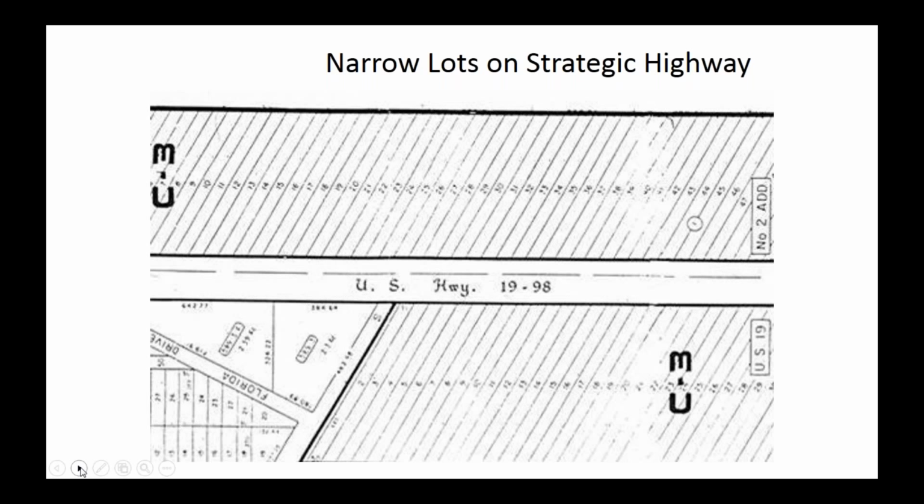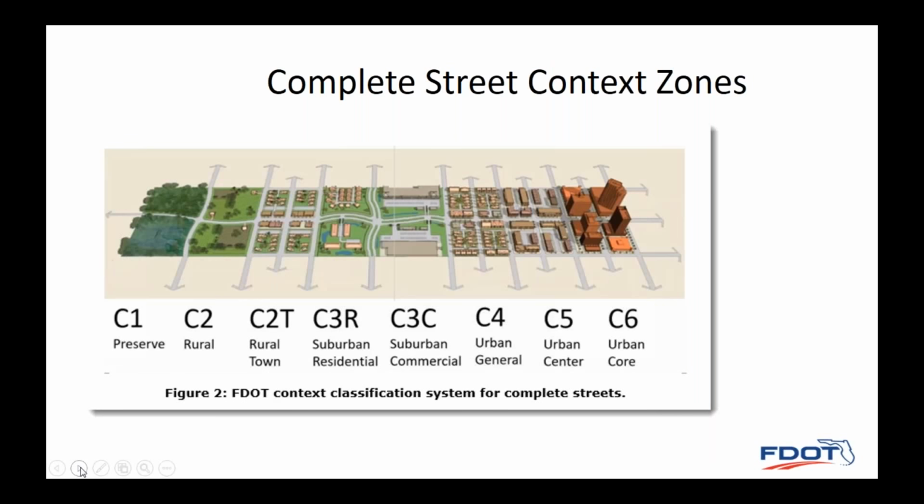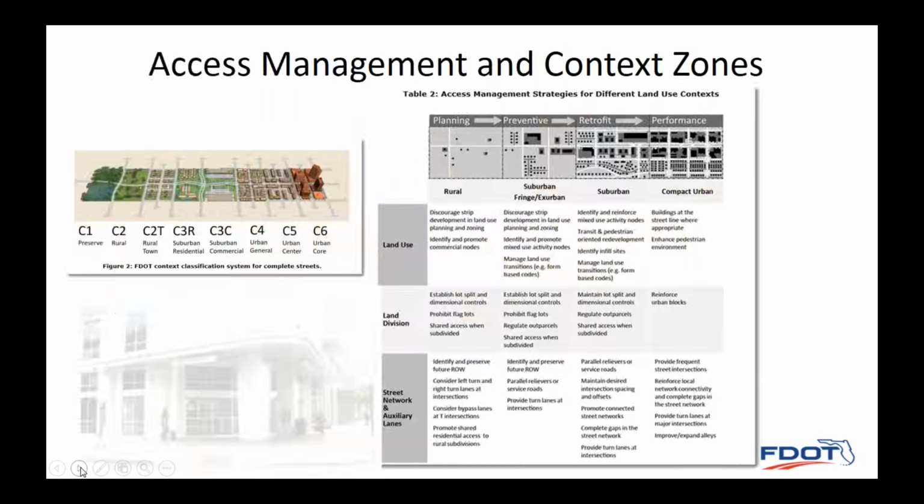So moving forward, I mentioned the Complete Streets Implementation Plan. The context classification system is a core part of that, and the importance of looking at access in the context of the context zones.